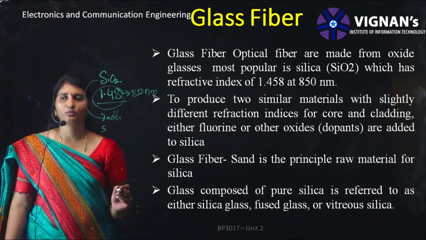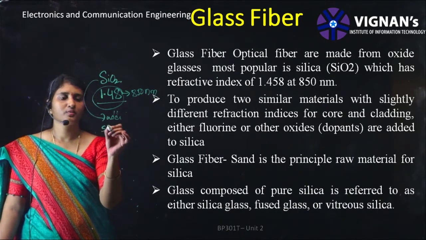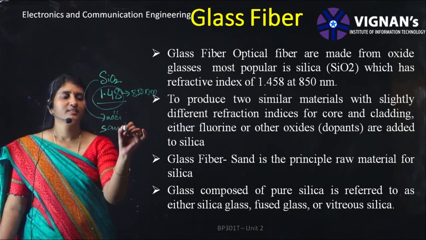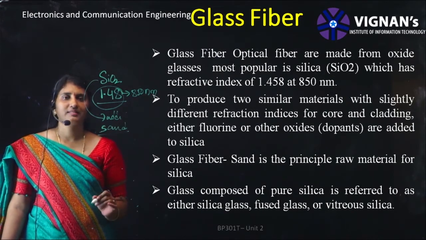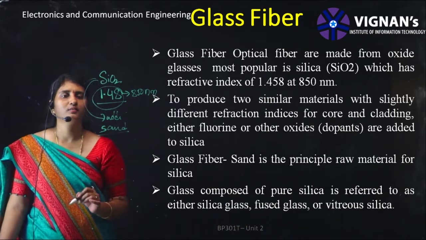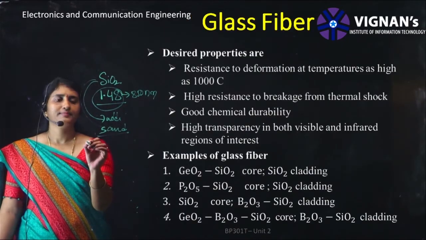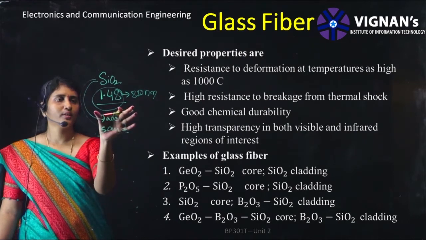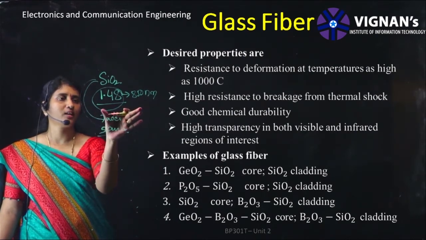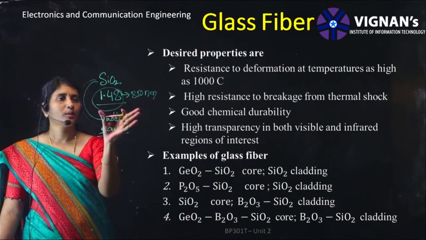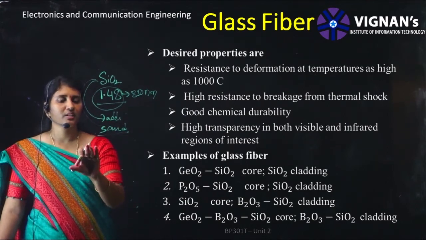What is SiO2? In your childhood you might have learned glass is prepared from sand. So SiO2 is the raw form of sand. I have already told you some materials are available in nature to combine with SiO2 to form different materials.